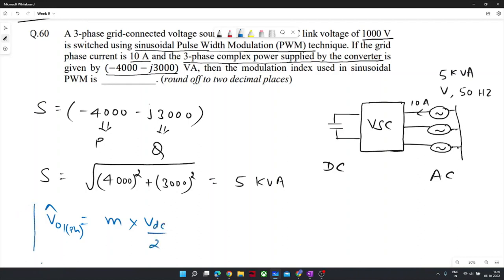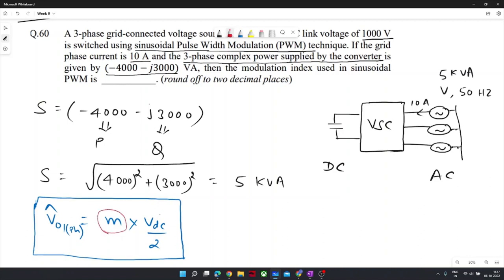This formula is very repetitive. It has been asked in GATE multiple times, so you should keep this in your mind. For that purpose, we need to compute this M.